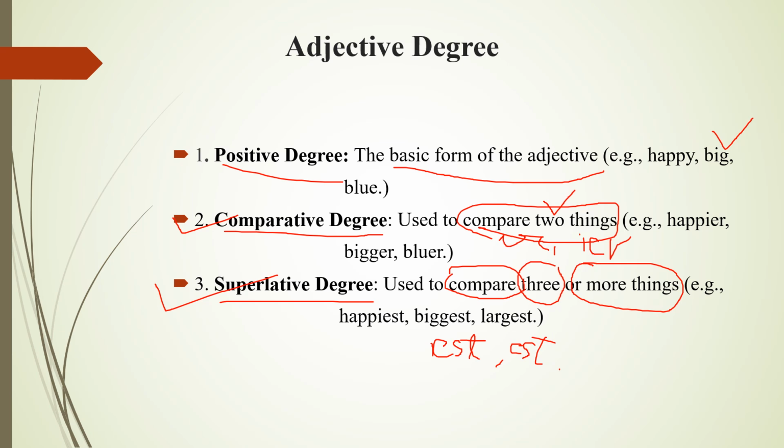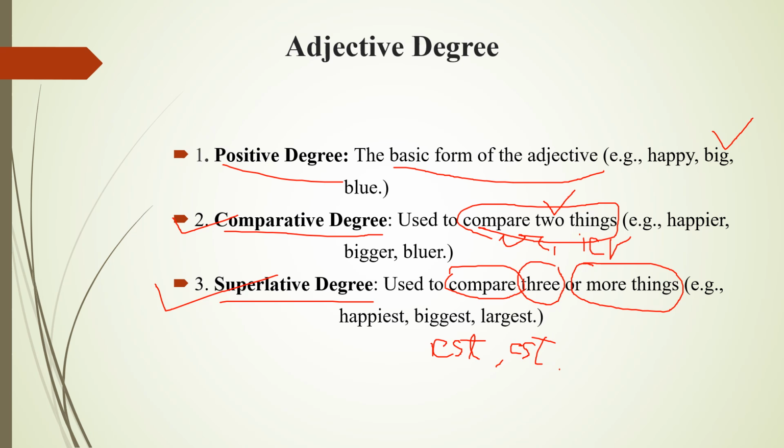Suppose I have to make a sentence of the same, then what will I say? I will say that I am the happiest person in my house. My house is the biggest in the town, and she has the largest company of friends.